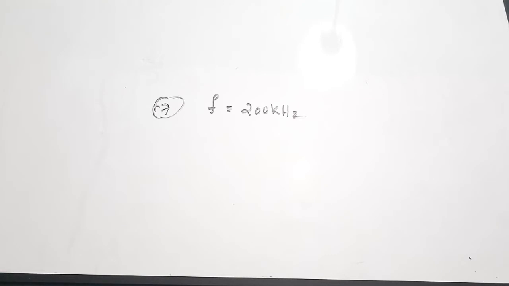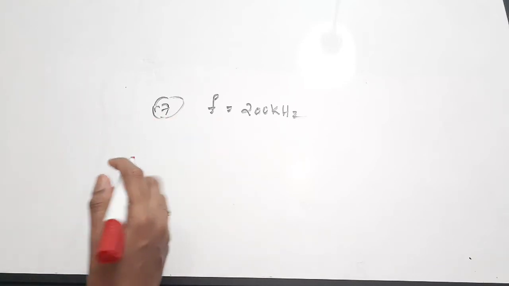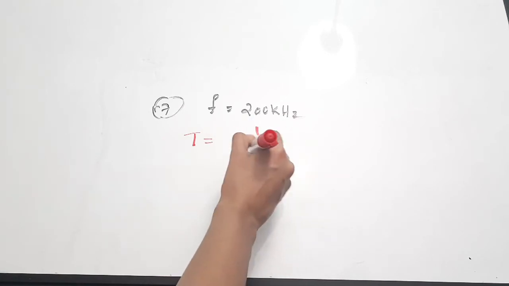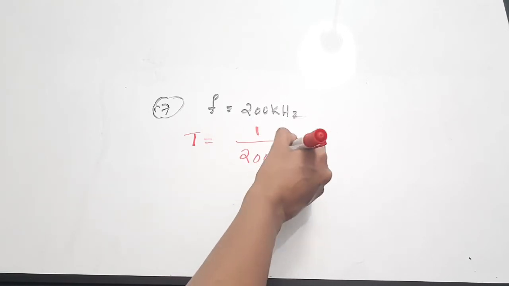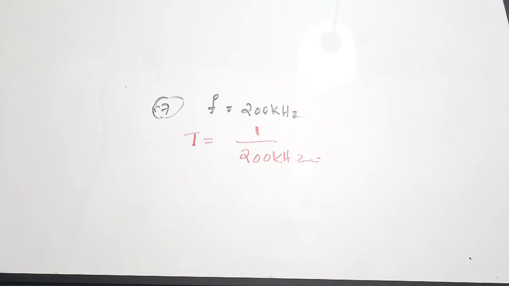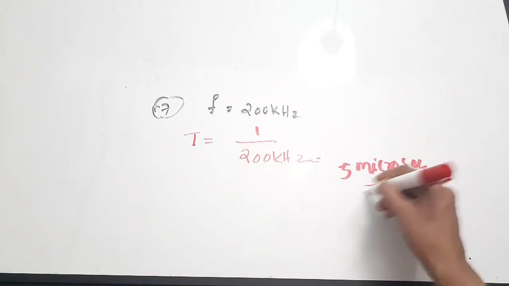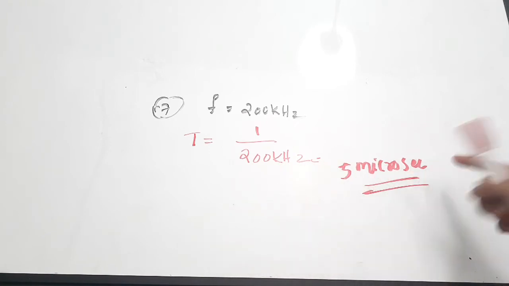So, what is the time period? If the frequency is this, what is the time period? Time period T equals 1 by 200 kilohertz, which is nothing but 5 microseconds. So 200 kilo means 5 microseconds.